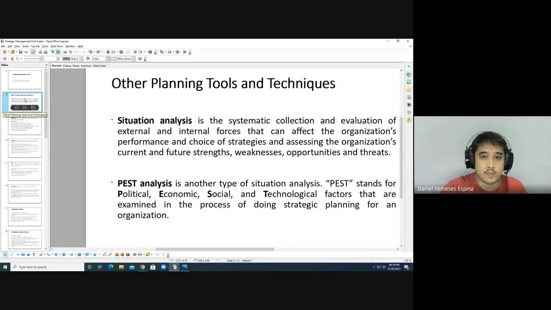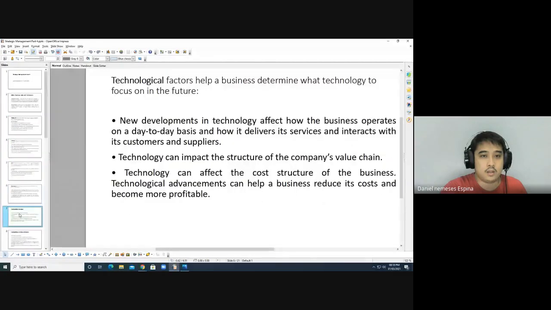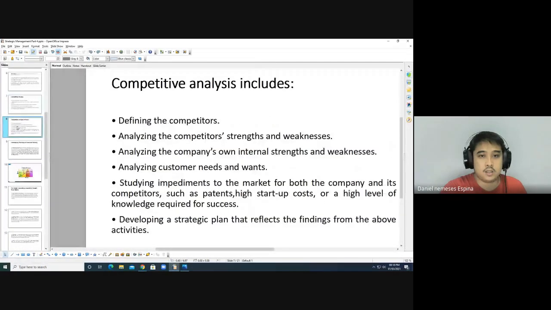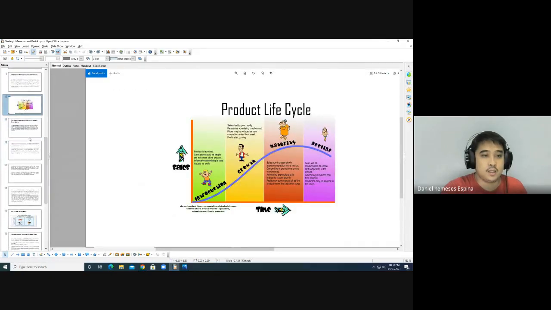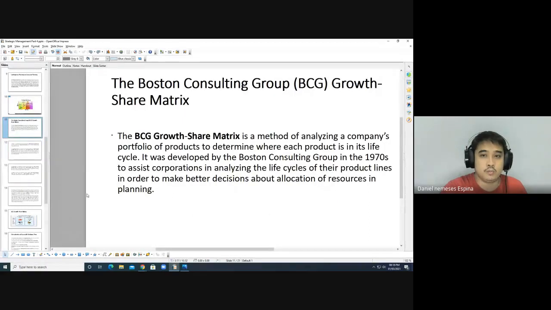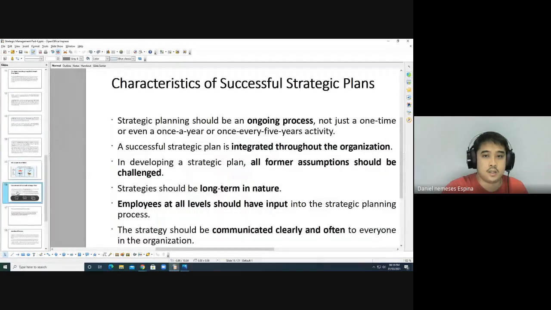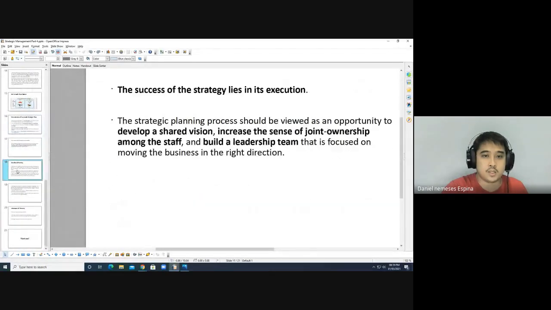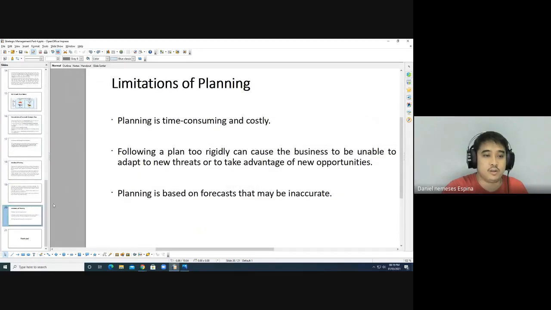We began with the other planning tools and techniques: the situation analysis using the PEST analysis, the competitive analysis, the use of contingency planning and scenario planning, the product life cycle, the use of the Boston Consulting Group growth share matrix, the characteristics of successful strategic plans, the benefits of planning, and then the limitations of planning.